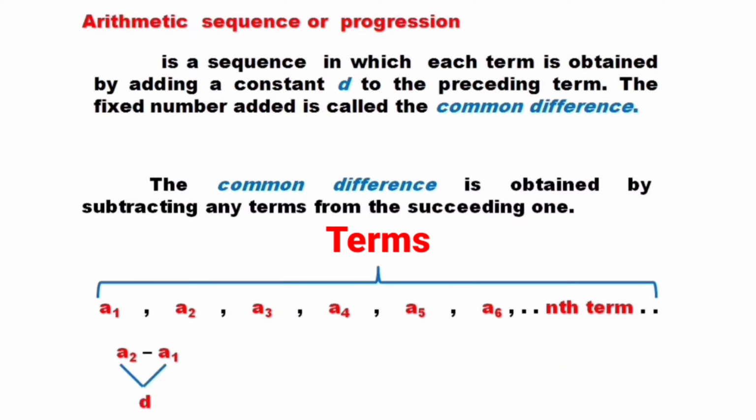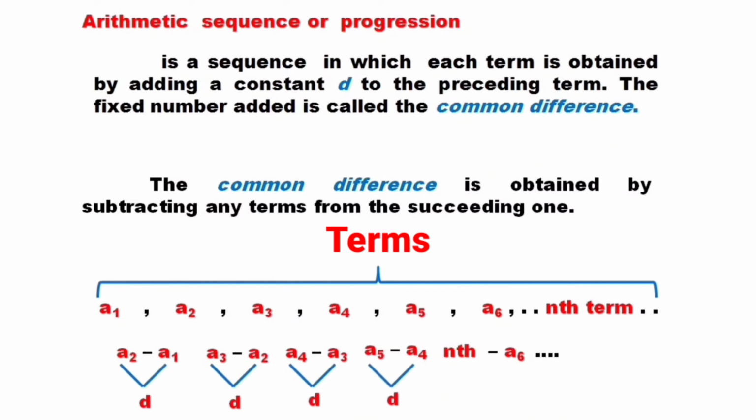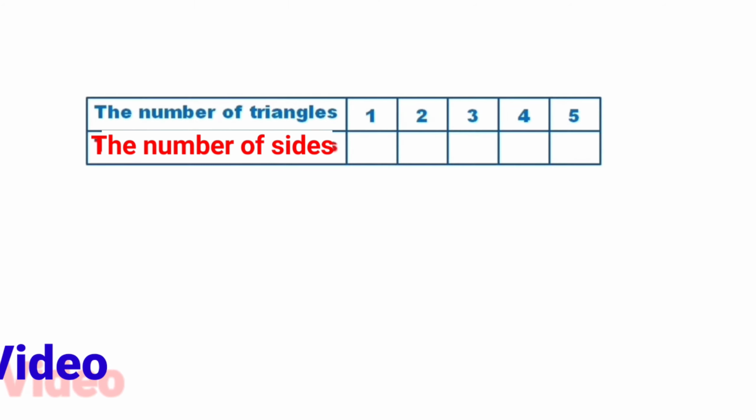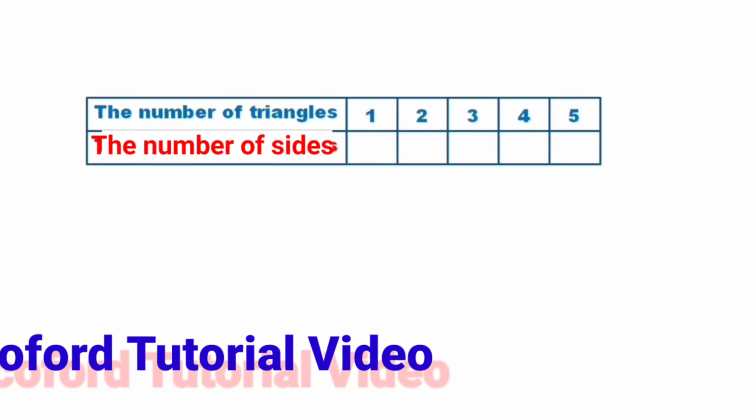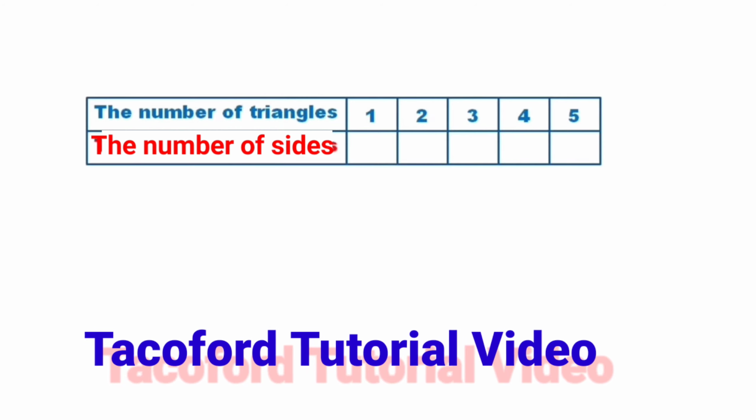We denote the difference as letter D. Next, the third term minus the second term, or a sub 3 minus a sub 2, equals the difference D. Then, repeat the steps for the succeeding terms in determining the difference. To understand more about the concept of determining the common difference, take a look at this presentation.